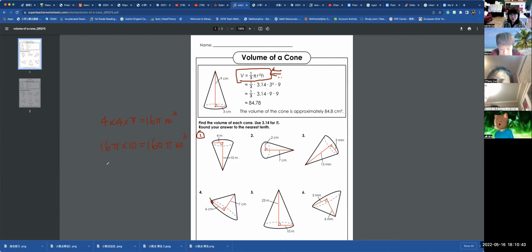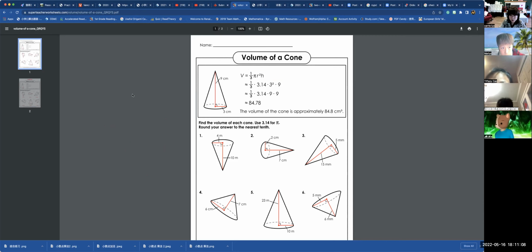But for the cone, we need to do what? 160 pi divided by 3. So the answer is 53 and 1/3 pi meters cubed. And don't forget the pi, okay? Oh, this color just makes my eyes hurt. Sorry, I just changed it to white.